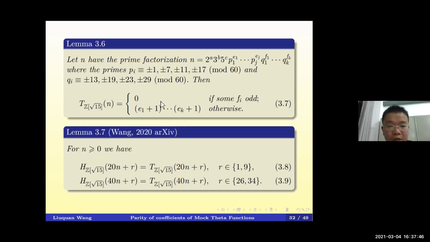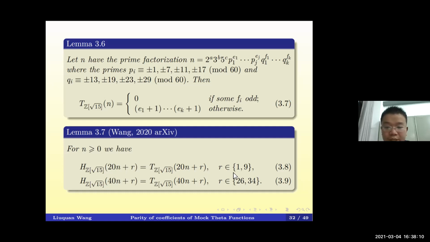So what we discover is Lemma 3.7, what I have written here. We found that in these two special arithmetic progressions, 20n plus r and 40n plus r, here r, in the first case, is 1 or 9, and in the second case, r is 26 or 34.